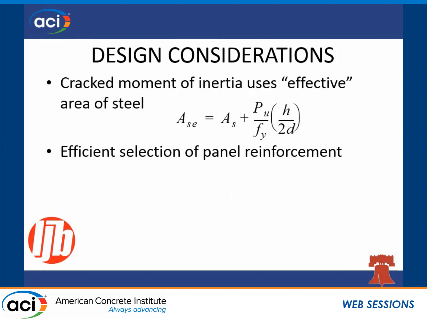As I said, the cracked moment of inertia uses an effective area of steel. I just want to pause on this because you have what you're specifying as a design, or what your vertical reinforcement is. The second component of that is taking advantage of the compressive force within the panel that you already have from that axial load. You see in that second term there, we're acknowledging the fact that that panel in its vertical state does have some pre-compression to it.